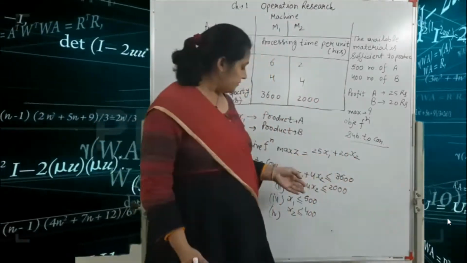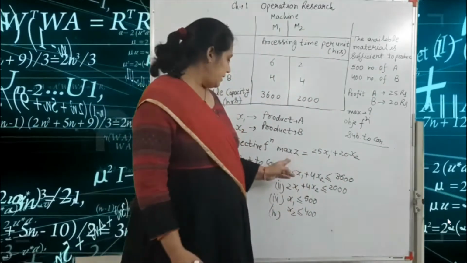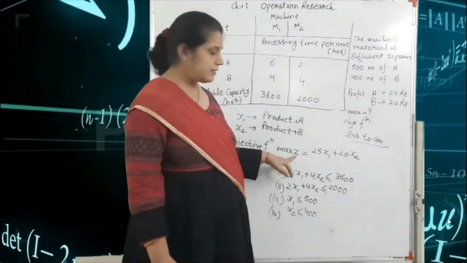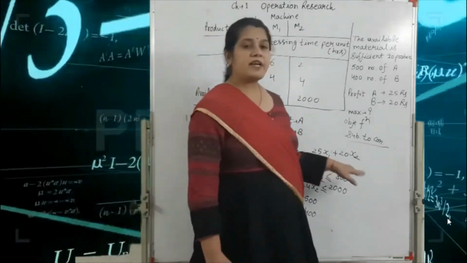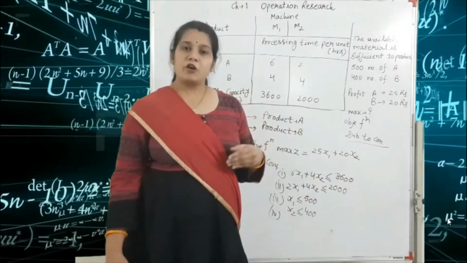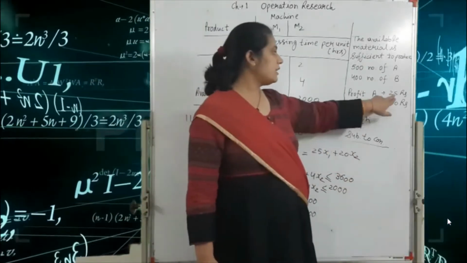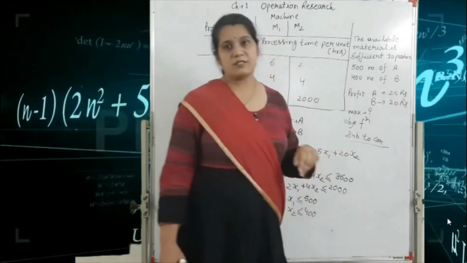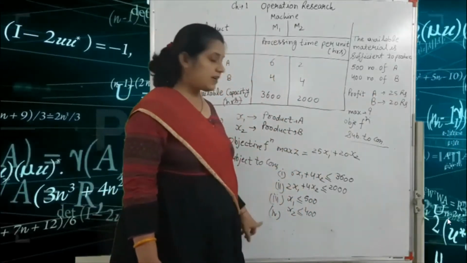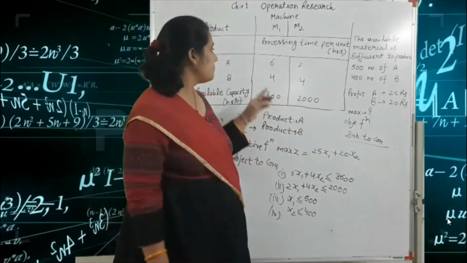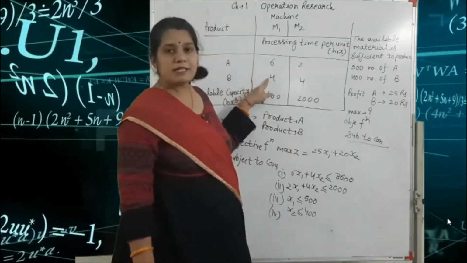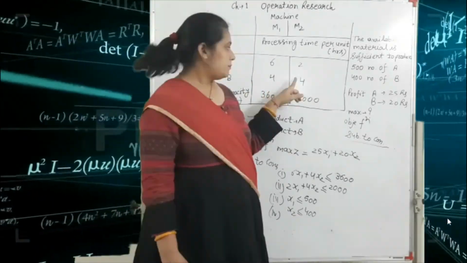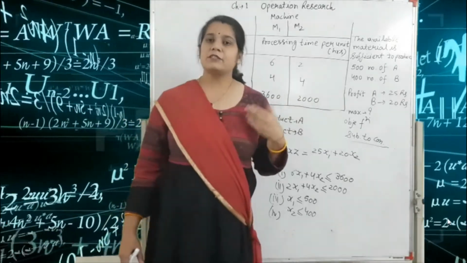Now we write the formulation of the LP model: four constraint equations and one objective function. The objective function is maximize Z equals 25x1 plus 20x2, because our question gives a profit of 25 rupees for product A and 20 rupees for product B. After that, subject to the constraints: 6x1 plus 4x2 less than or equal to 3600, and 2x1 plus 4x2 less than or equal to 2000.